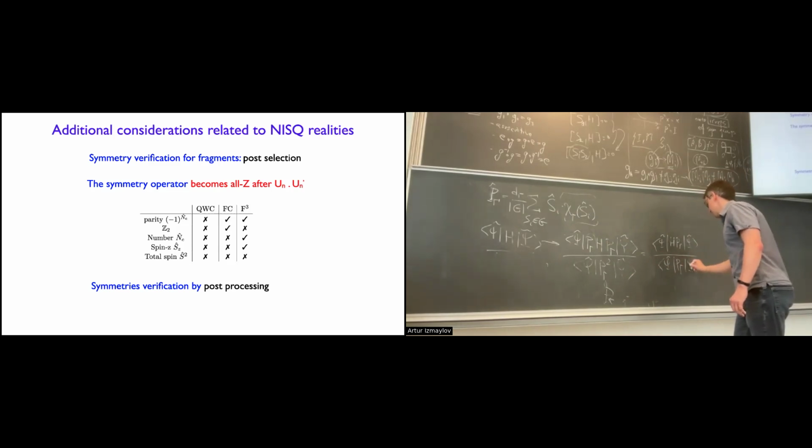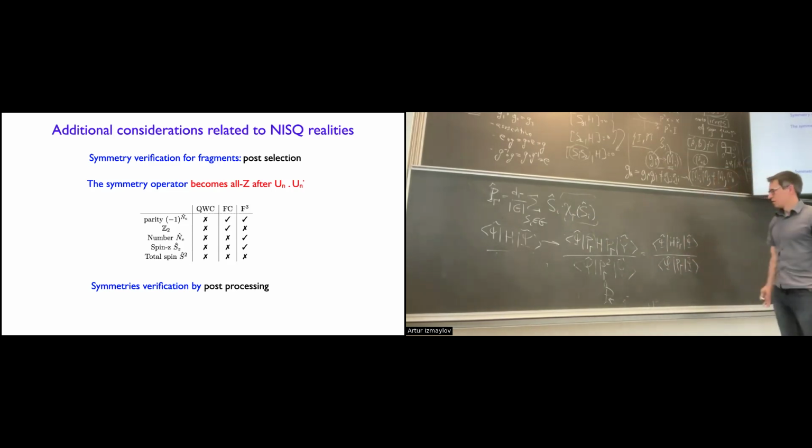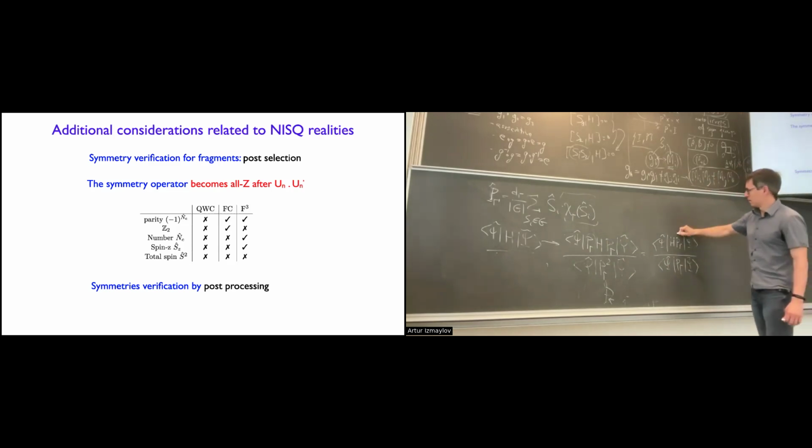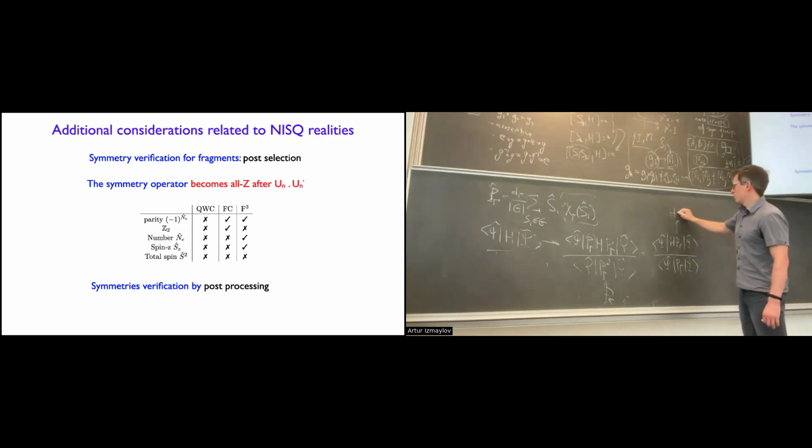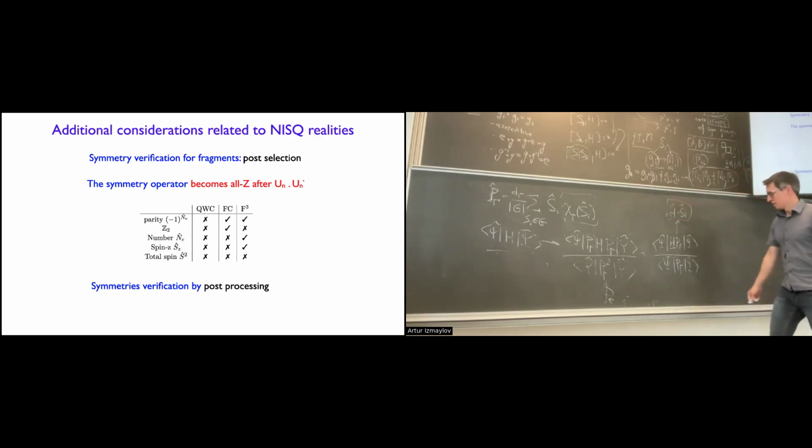This will require H times S from the group. So instead of measuring H, we need to measure elements like this, and then also elements like group elements.